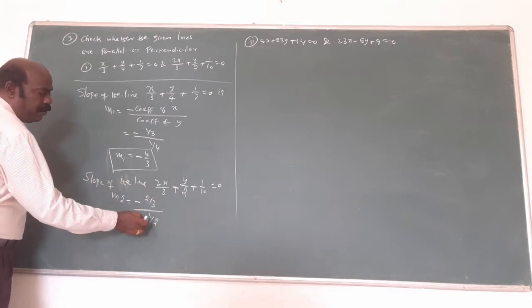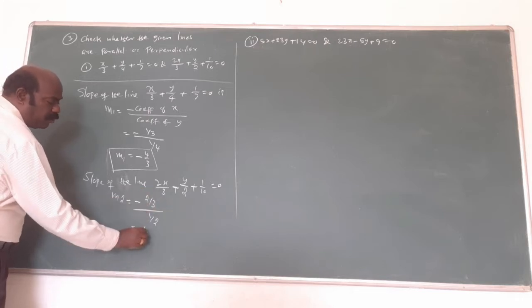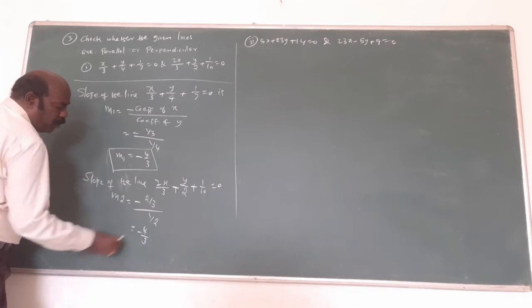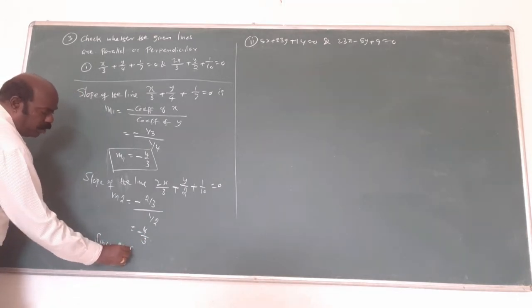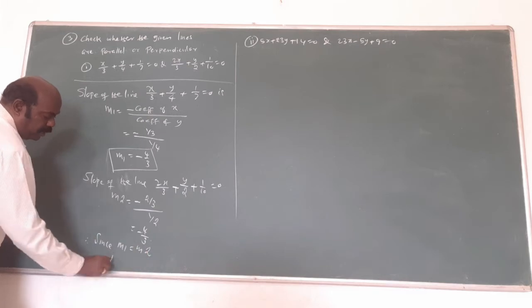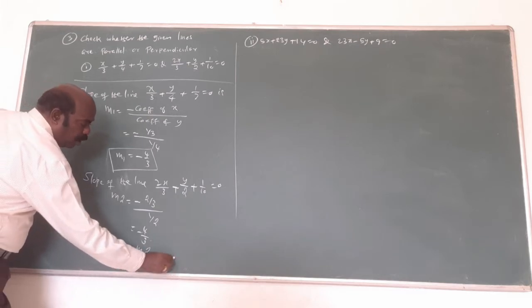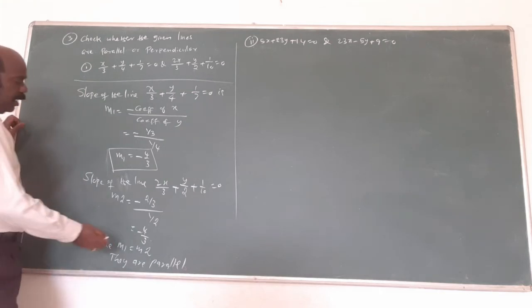Taking the reciprocal, 2 into 2 is 4, so minus 4 by 3. Therefore both slopes are equal, since m1 equals m2. Therefore, they are parallel. Already told you, if two slopes are equal, both lines are parallel.